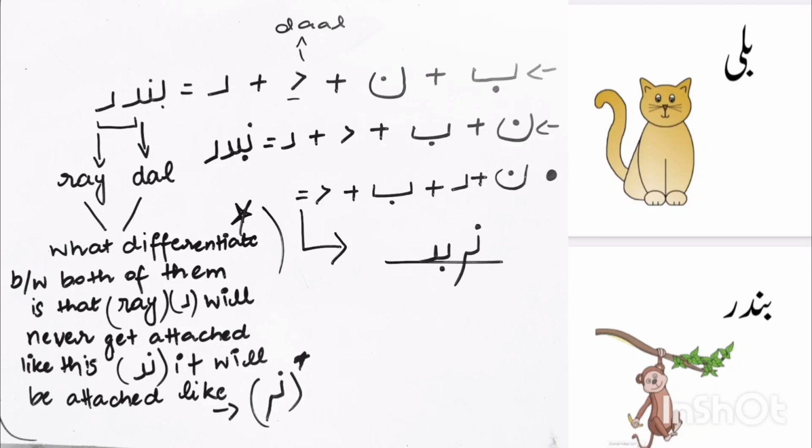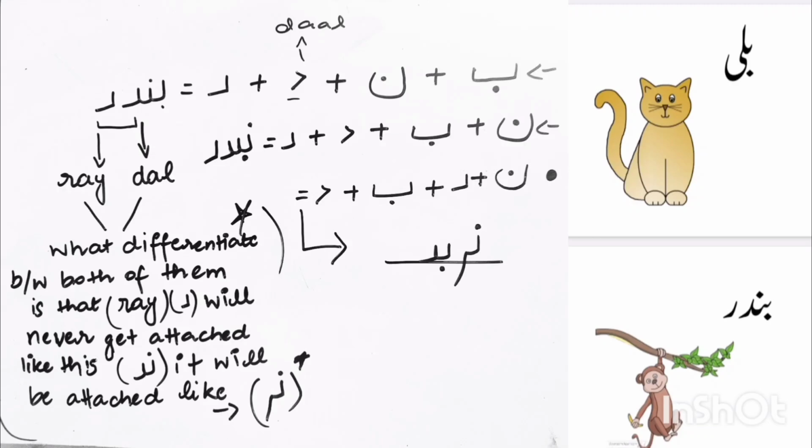There are specific letter families with which re will attach, and dal is eliminated from that list. So it's bay, noon, dal, re: bandar. Now I have written how you can differentiate between re and dal in the digitalized form.